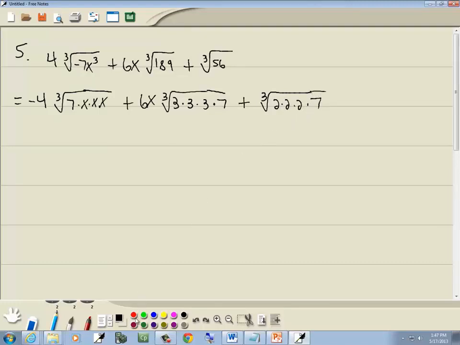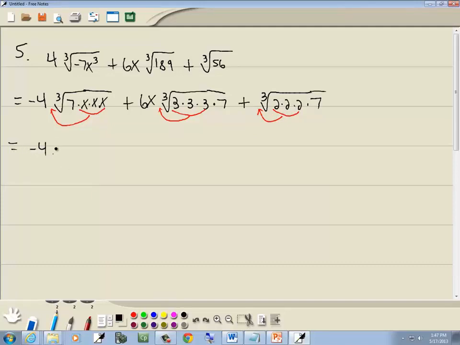Okay, let's do a little bit of simplifying. Our index, the number in the slot, is 3, which means we're looking for a set of 3 of something. Here's 3 x's, so they come out in front as a single x. Here's 3 3's, so those come out as a single 3. And here's 3 2's, which come out as a single 2.